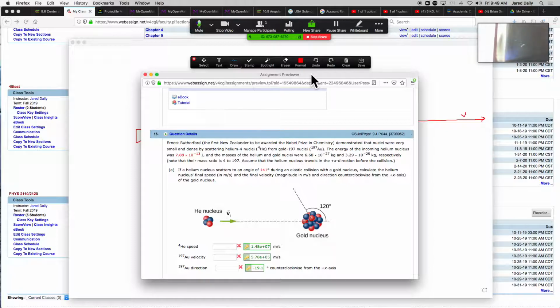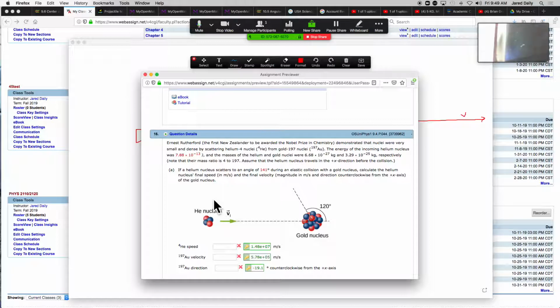At that time, they had what they call the plum pudding model, which suggested that atoms were made of squishy stuff that had chunks of negatively charged particles in them, because we knew about the existence of electrons. But Rutherford decided to use radioactive particles coming out of radium and shoot these particles at gold nuclei.